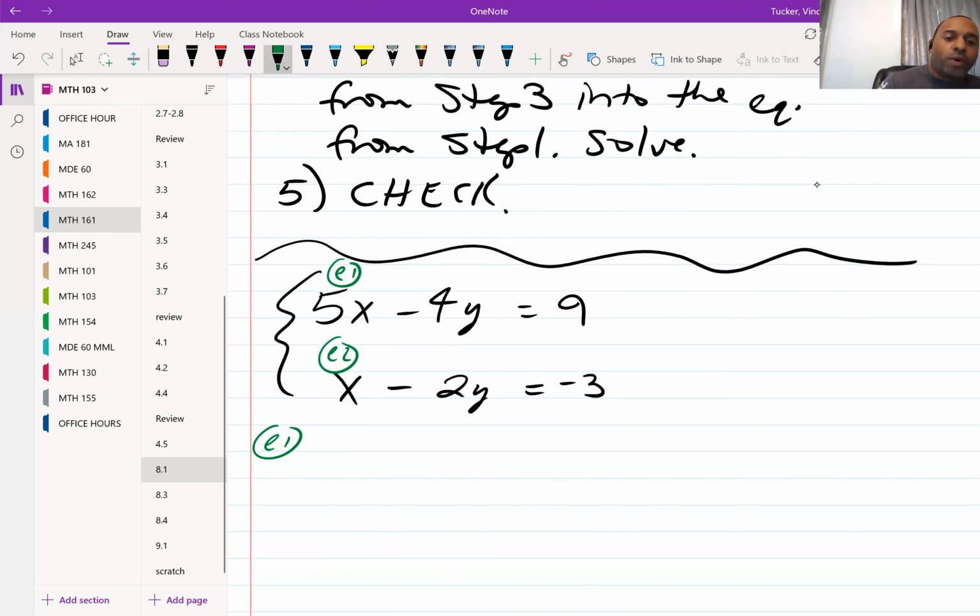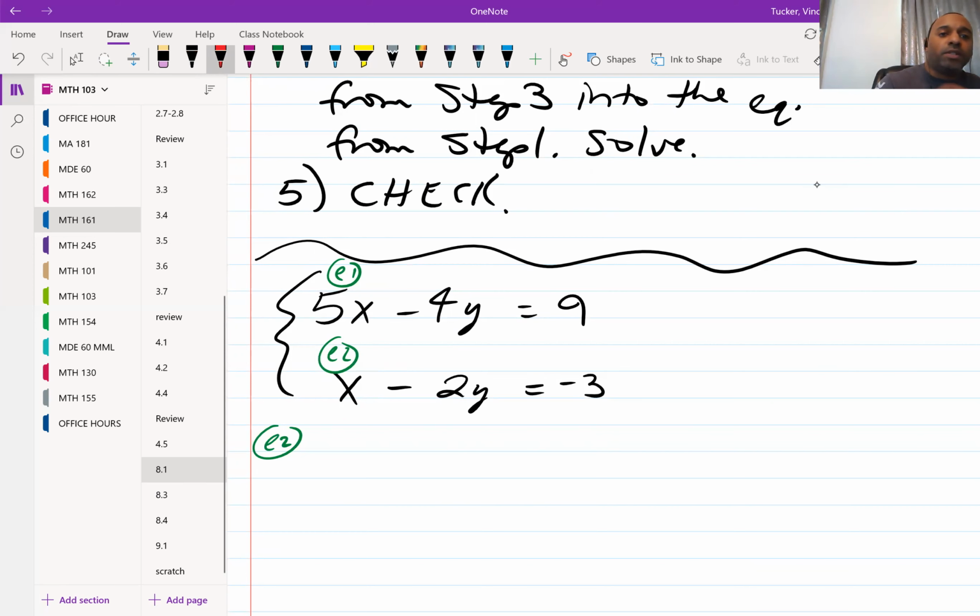I'll look at equation 2, because the easiest one to solve for is this x. You do want to choose the easiest route possible. Notice this x is the only one by itself, so I'll use that one.